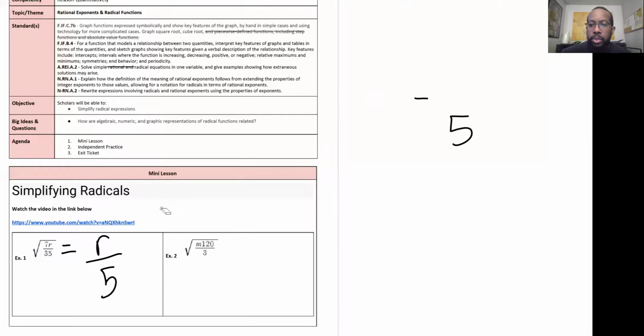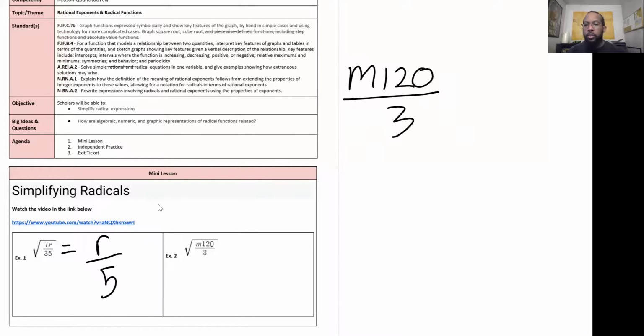All right, so we have the square root of m times 120 divided by 3. So again, we need to simplify the radicand. And again, you want to find the greatest common factor between your numerator and denominator, all right? So what's the biggest number that can go into 120 and also 3 without leaving a remainder?